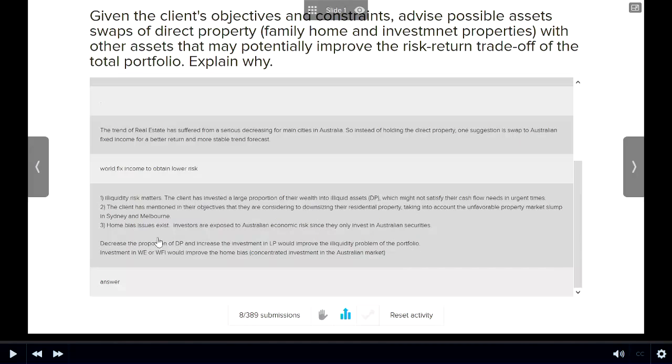So they decrease the proportion of direct property, increase investment in listed property, improve the illiquidity problem. That's excellent. So a switch from direct property to listed property will improve the liquidity of the portfolio. That diversifies one of the risks identified. And also investment in world equity and fixed income improves the concentrated risk to Australian economic risk.